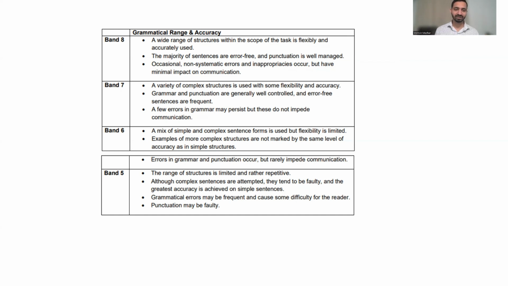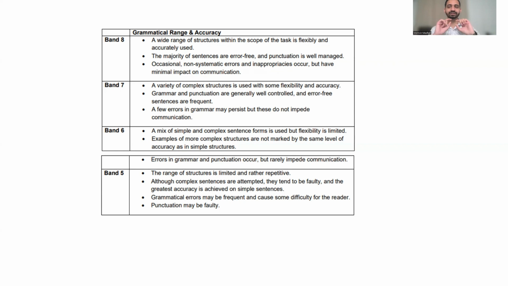You will get band 5 if the range of your structures is limited and rather repetitive. So if you're using the same structure all the time, repeating the same structure, you will achieve about band 5 for grammatical range and accuracy. Although complex structures are attempted, you're using the complex structures, not the simple structures. They tend to be faulty, so they're not grammatically correct, and the greatest accuracy is achieved on simple sentences.